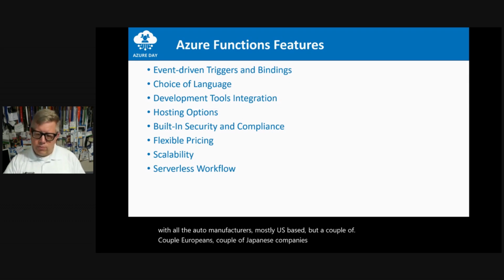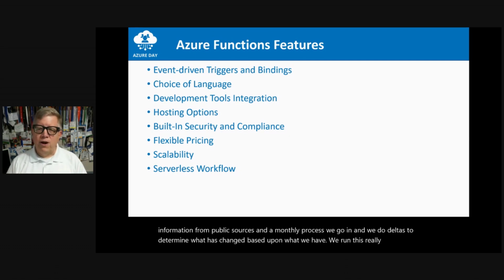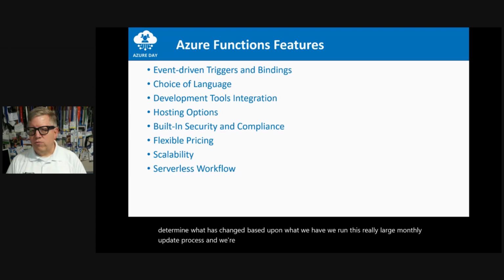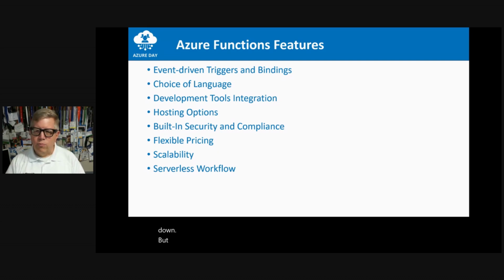We collect information from public sources, and on a monthly process, we go in and do deltas to determine what has changed based upon what we have. We run this really large monthly update process through a serverless workflow, right? So it is using the benefits of Azure Functions, the short pieces of code that run really quickly, scale up and scale down, but also in a workflow. That's what we're talking about here.